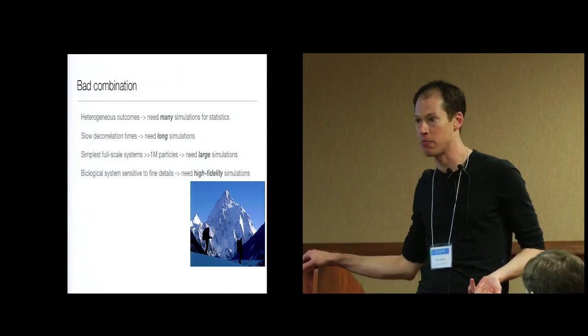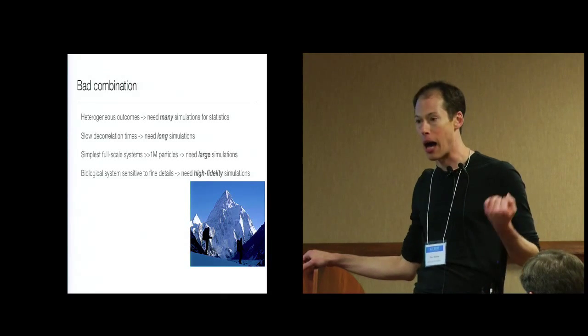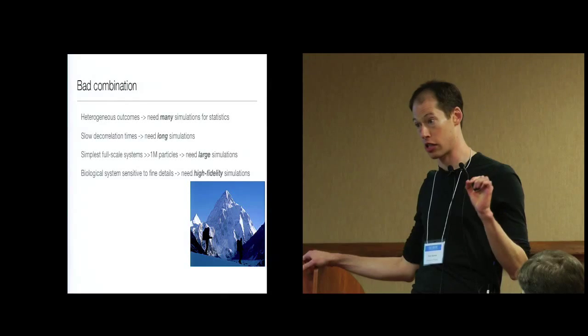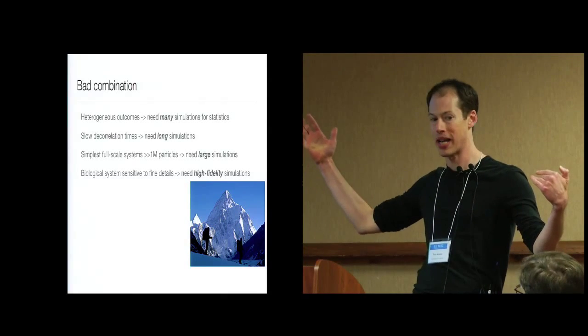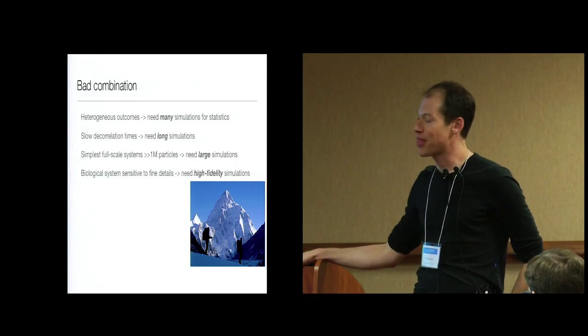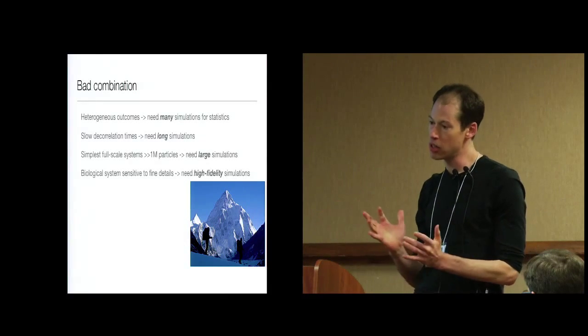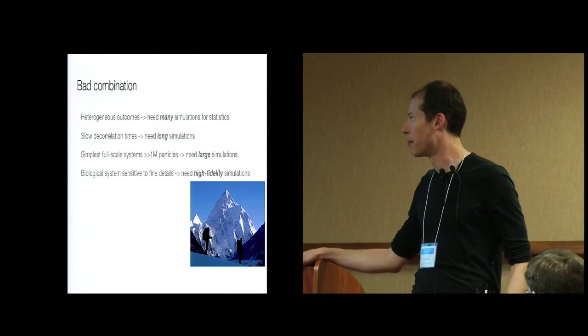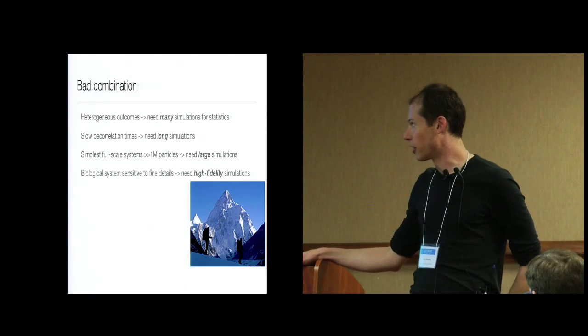So this gives us a bad combination of factors from a computational viewpoint. Because of heterogeneous outcomes, we need many simulations for good statistics. Because the decorrelation times in these systems are slow, as well as the overall waiting times, we need fairly long simulations. And because even the most simplified full-scale systems are several million atoms, we need fairly large simulations.